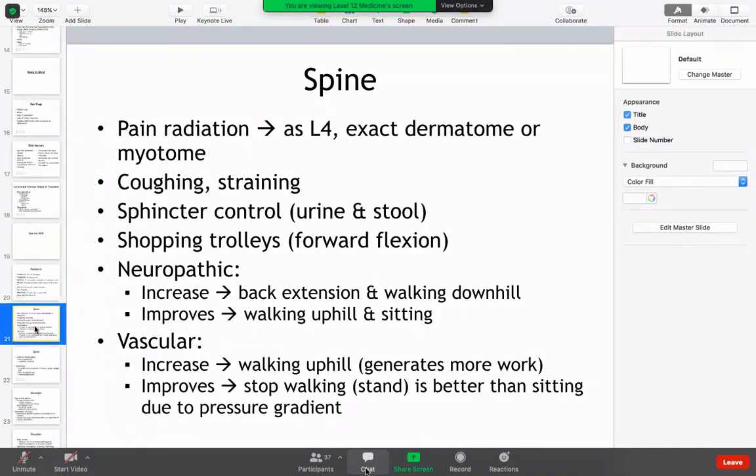If the cause of the claudication is vascular, walking uphill requires more blood flow to the muscles, and that will give some sort of claudication. Usually when the patient has vascular claudication, once he stops, standing for a few minutes can be helpful and will take the pain away. So it's not related to the position of the spine, rather it's just the time spent to rest.